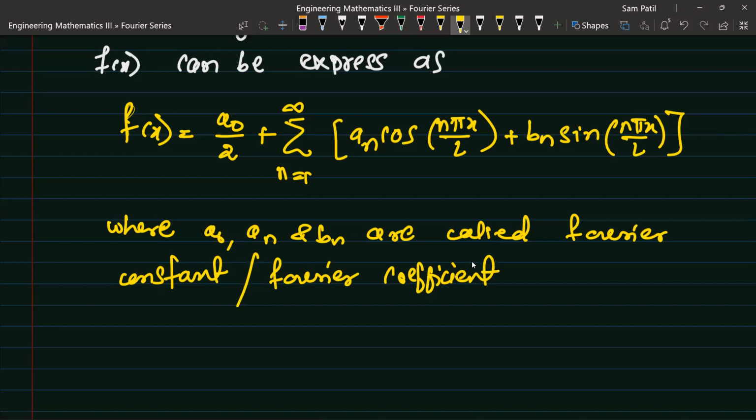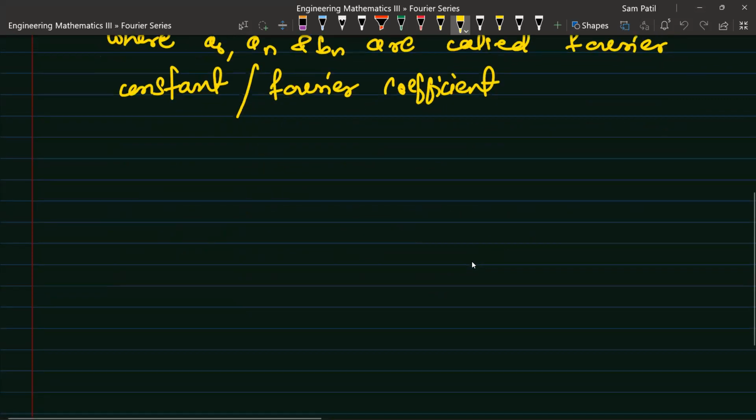This is the main task in this type of example: to find a naught, an, and bn. Sometimes a naught and an become 0, sometimes bn becomes 0. There are certain special conditions in which they may be 0. We will discuss them with the help of a table. Once you learn that particular table, whatever example is given to us, we will be able to solve it. So how do we find these Fourier constants?